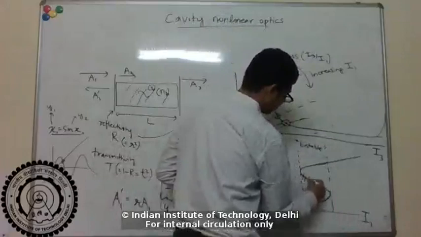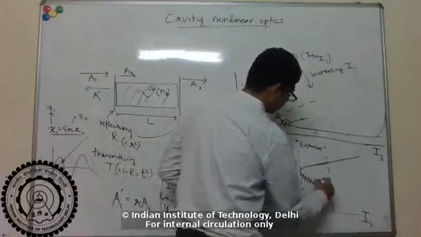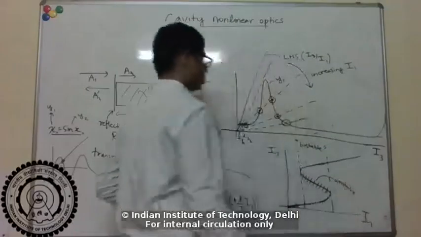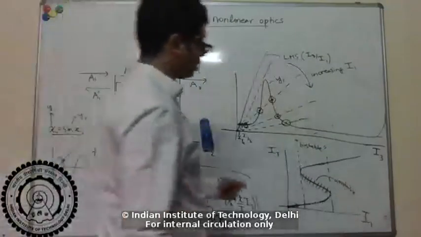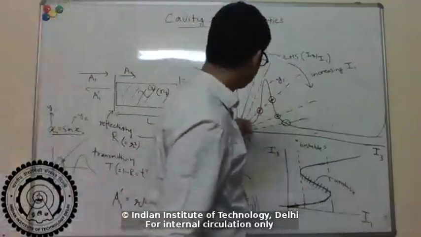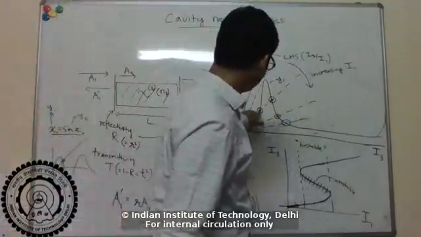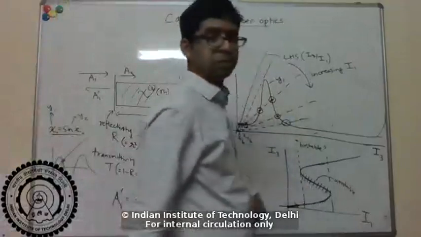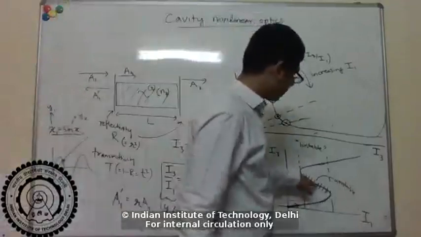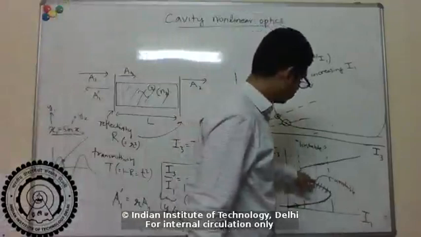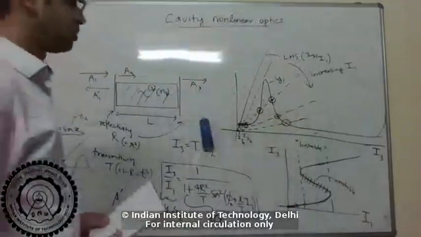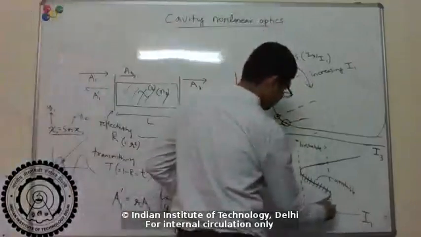This middle branch is unstable. Even though it's a solution, this middle intersection point here, the middle one, is unstable, which means any small fluctuation that occurs will immediately push me up or down. So these are the stable regions.